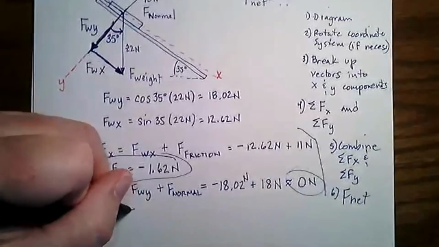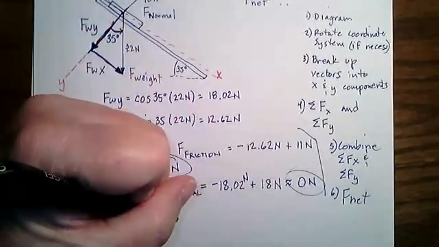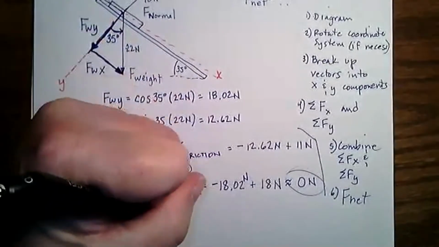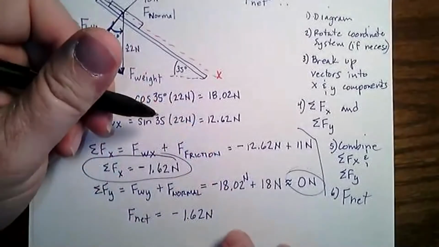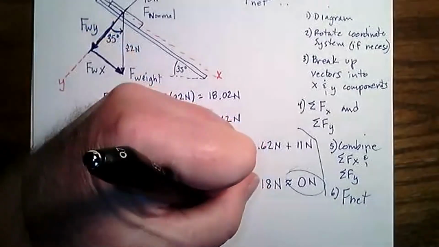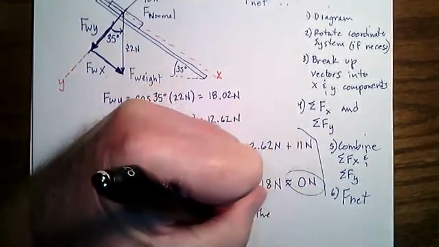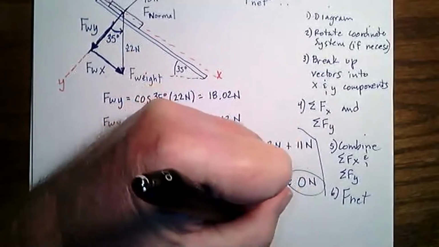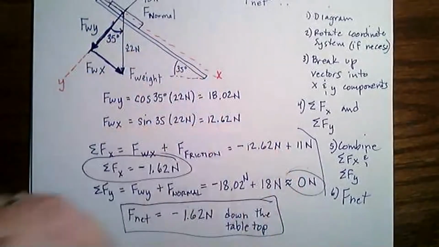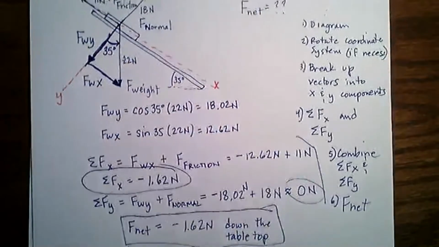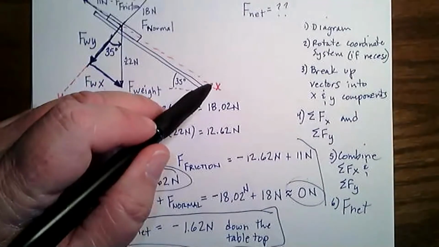So in our case, we would say F net equals negative 1.62 newtons. And I would say the direction on this is down the tabletop. Hopefully that makes sense to you. So this thing is going to have a net force that is down the tabletop.